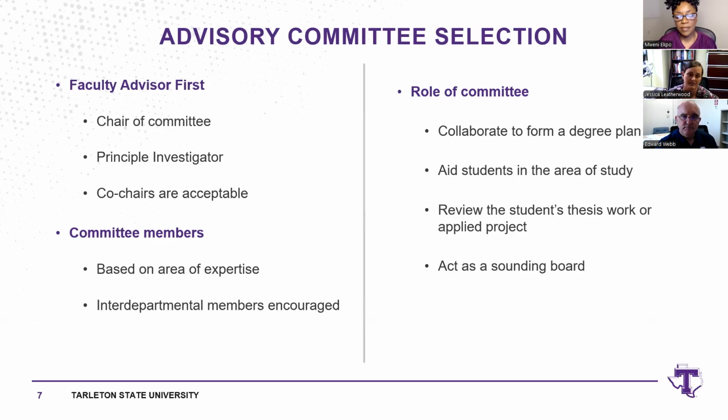In some cases, depending upon what your interests are, it may be appropriate to also have a co-chair in addition to a chair of your committee. So co-chairs are acceptable as part of our advisory committee selection. In addition to the advisor, there are also committee members that will assist you and guide you through this graduate process.